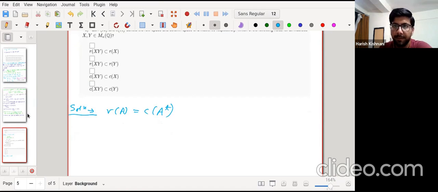Now, corresponding to each matrix, you can define a linear map, right?